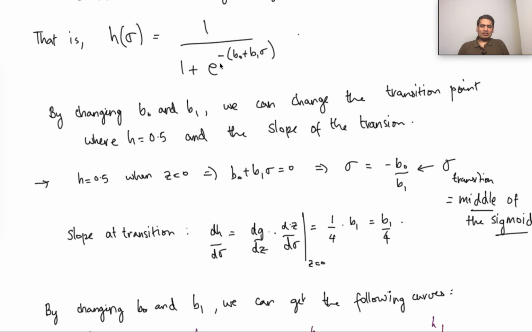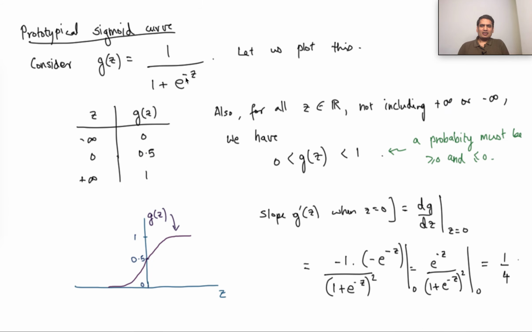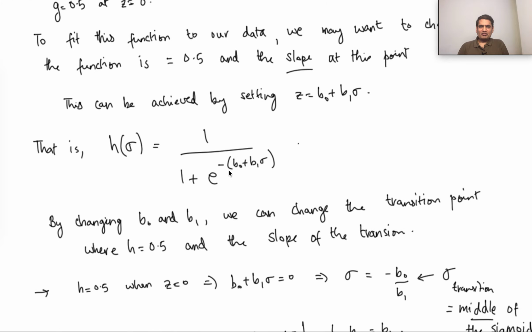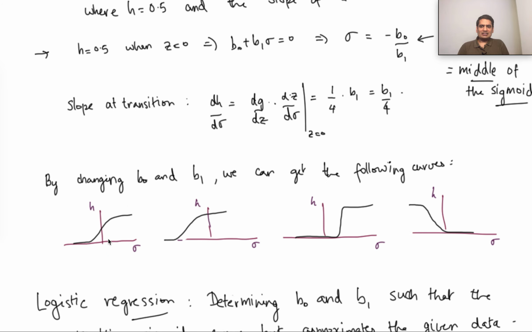And then for this expression, you can look at what the slope is with respect to sigma. If you differentiate this expression with respect to z, you just get 1 over 4 because there are no free parameters here. If you differentiate this expression with respect to sigma to find the slope of h versus sigma instead of h versus z, then it turns out the slope at z equal to 0 is b1 over 4.